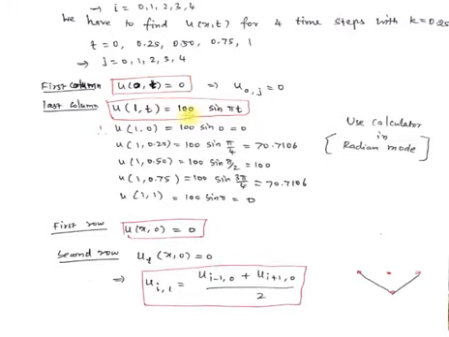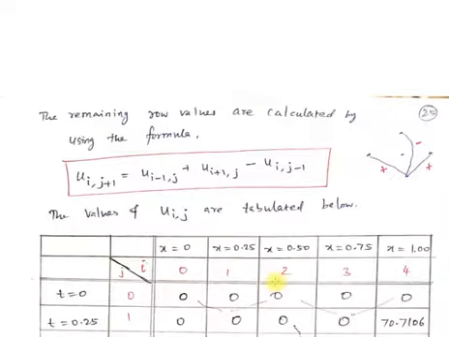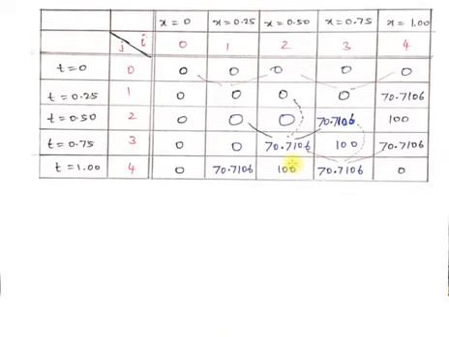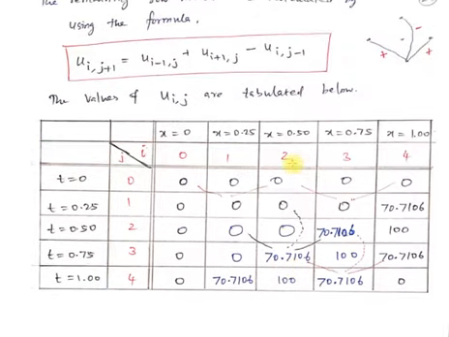In the previous problem the last column was 0, here it is 100 sin pi t. The first row will be 0 here. The second row is calculated by this formula. Third row and onwards, we use the formula. So we find the table values of u of i comma j here by the previous methods. That's all.